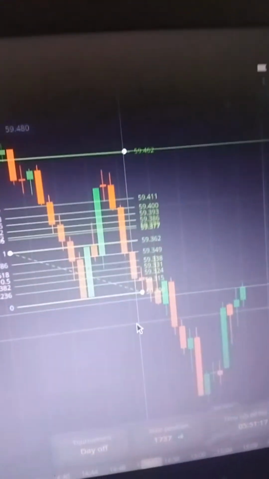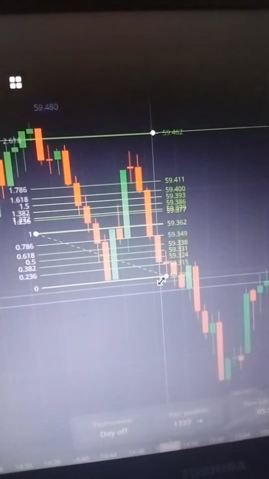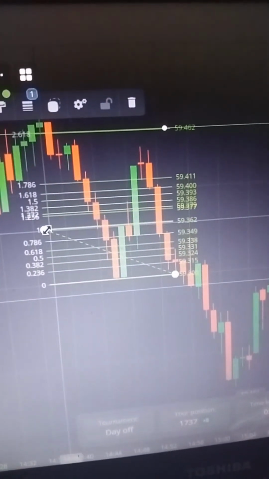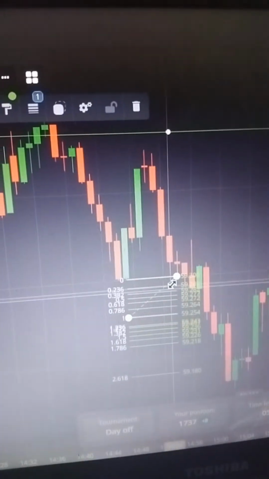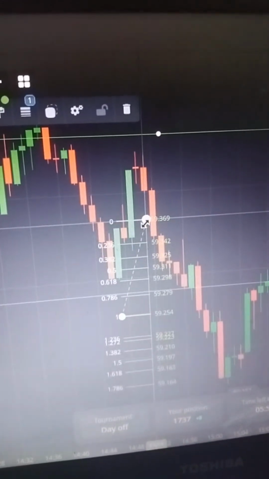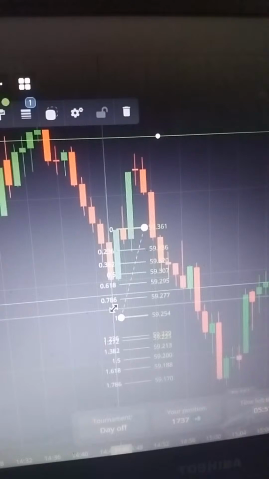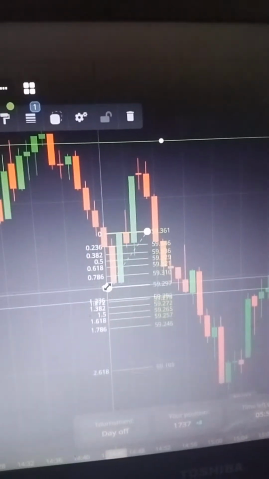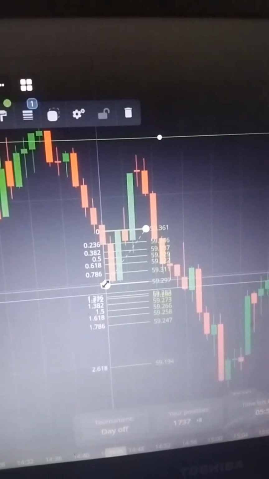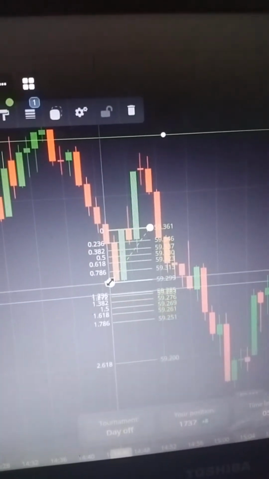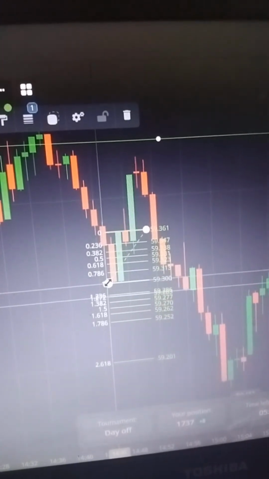So that is that, and let me reverse this and show you that we actually hit TP2, and at exactly TP2, I'm telling you, you would see a reaction, a pullback or something else.